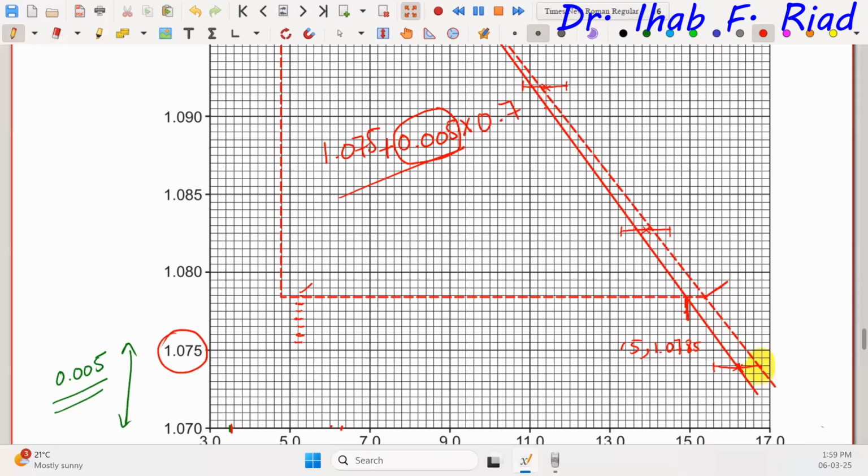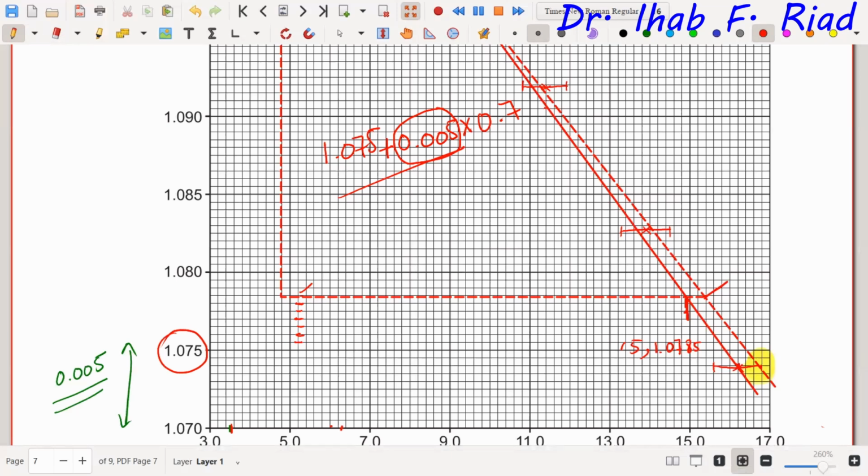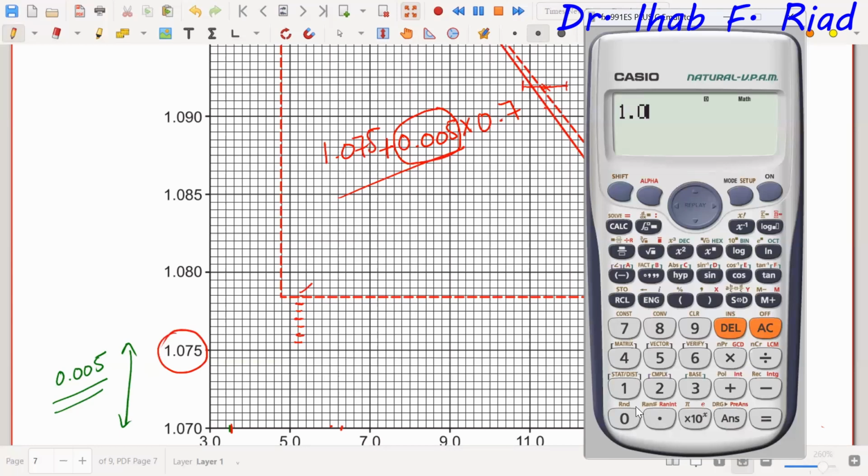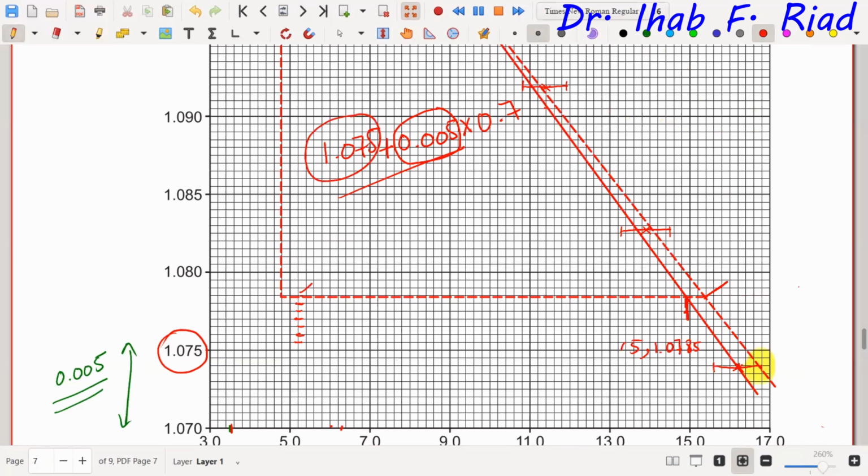Can you do it on your calculator? 1.075 plus 0.005 times 0.7 is 1.0785. Did you know now how to do it? From where did I get 1.075? Because I'm starting counting from here, right?